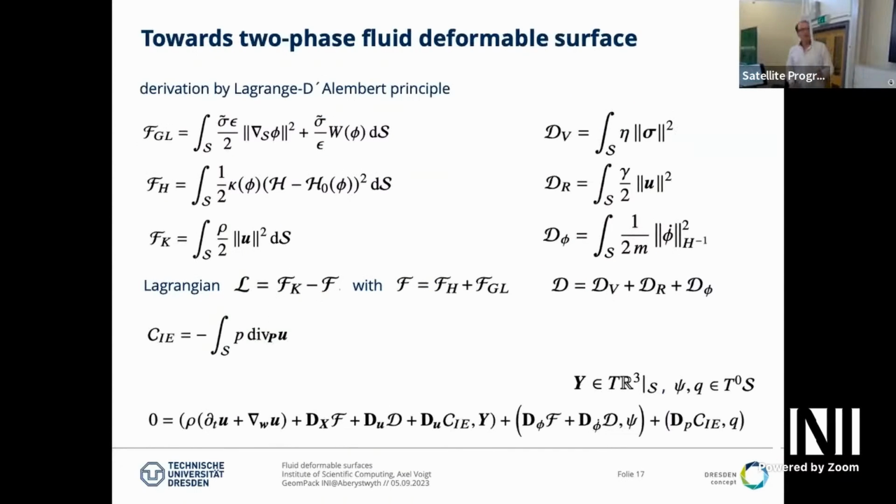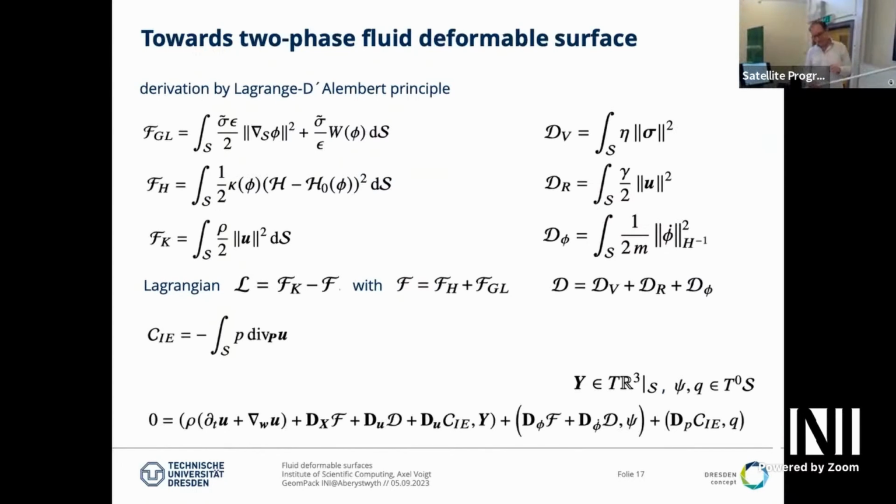Okay. Now we can further complicate our model. So far we had only one phase on the surface. We can have two different phases. I don't have to specify too much what these two phases could be; in terms of biomembranes or lipid membranes, they could be lipid ordered and lipid disordered phase, for example.